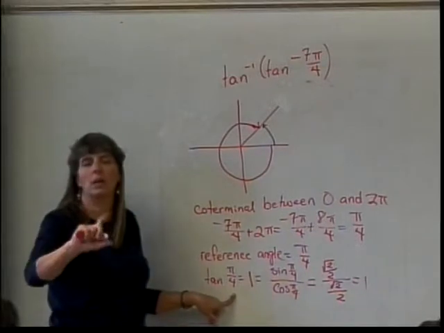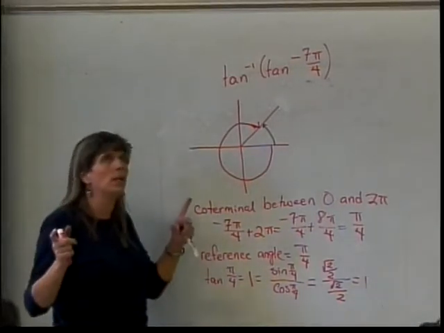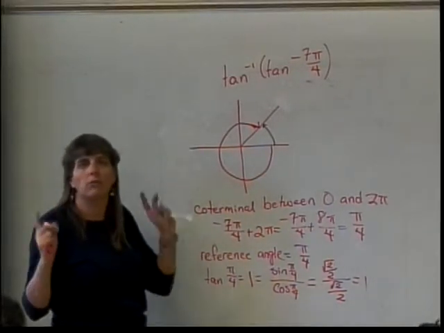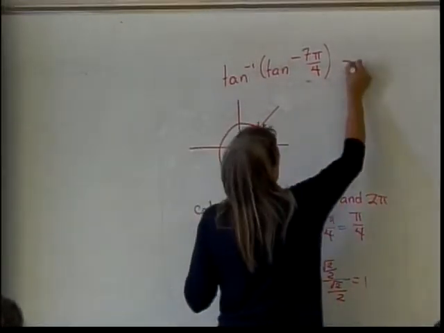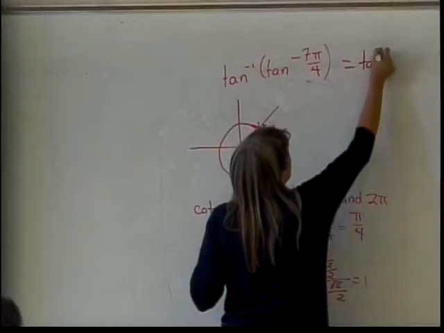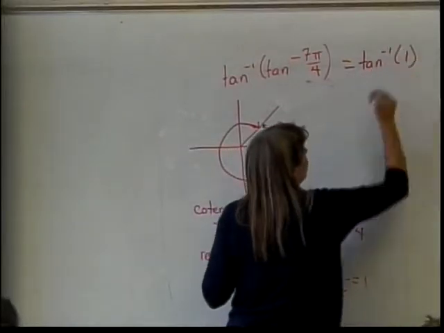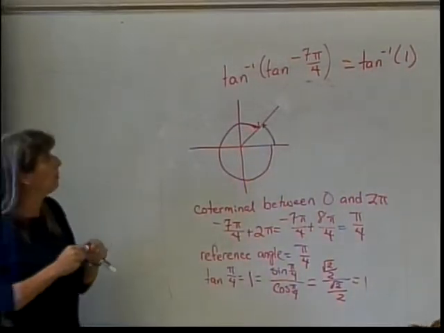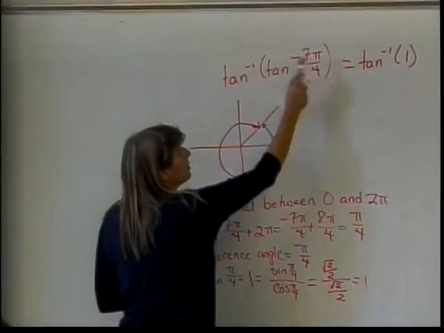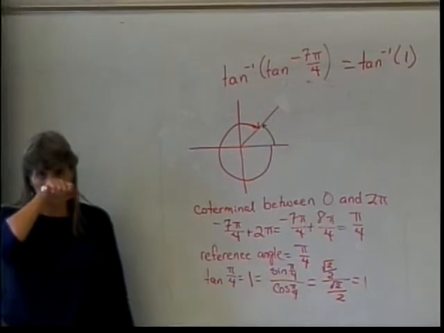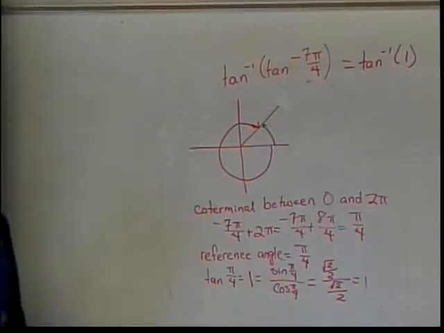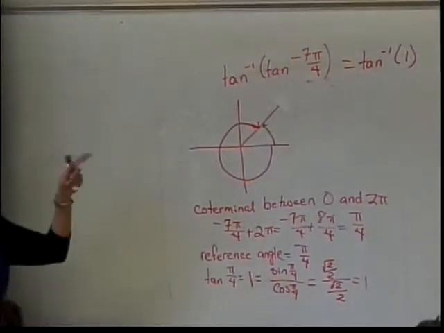There's no need to think about whether I was in quadrant 1 and needed things to be positive or negative. Quadrant 1, you're nice. So what I'm now looking at is the tangent inverse of 1, because I've replaced this piece, the tangent of negative 7 pi over 4, with 1. Okay, so what's the tangent inverse of 1?